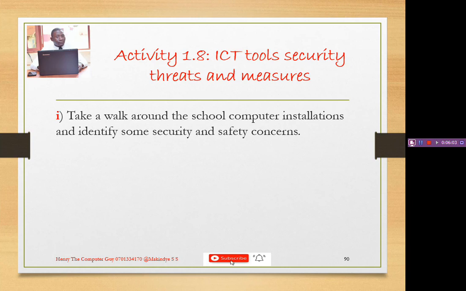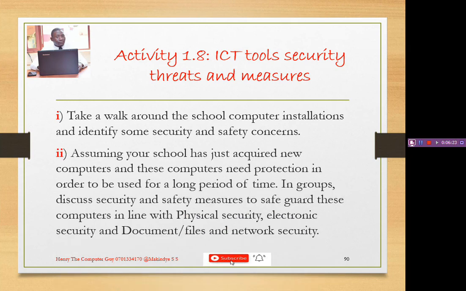So you're going to look at your computer lab in the school, look at what is supposed to be done, what has been done, or what has not been done. So identify some of the security and safety concerns that you see there. So you're going to be helping me to try these ones in your free time.